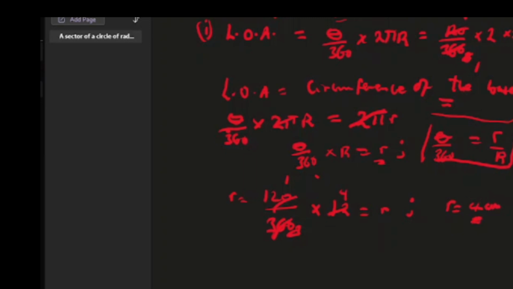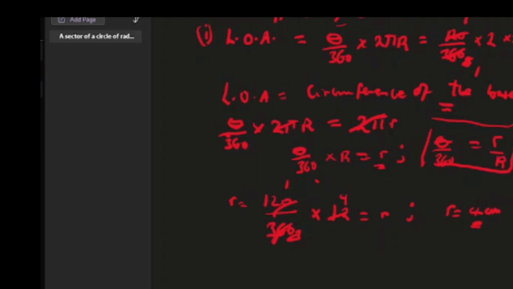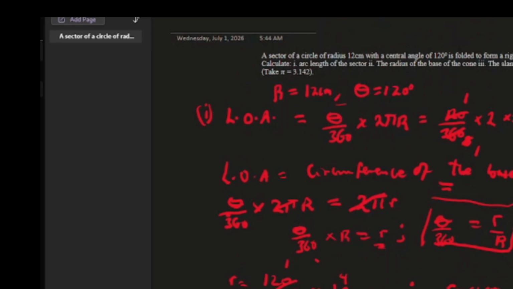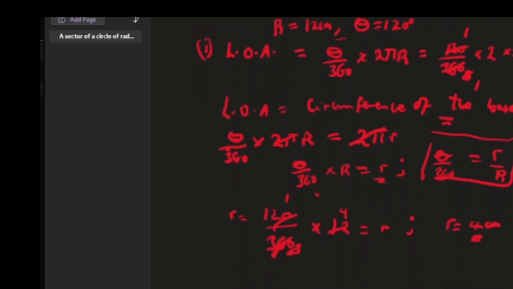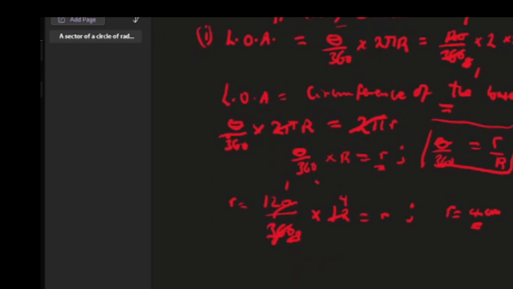Can you see that now? Right? So the last question, question 3, says the slant height of the cone. I put to you here that this one does not need any calculation. If you remember the second relationship between a sector and the cone says the radius of the sector will become the slant height of the cone.